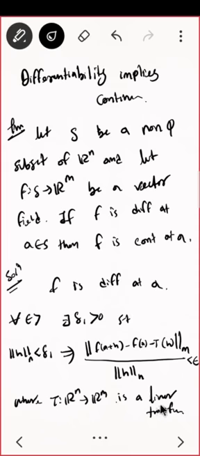If it is a linear transformation, hence it is continuous, correct? Because we know that every linear transformation is continuous. So can I use continuity?